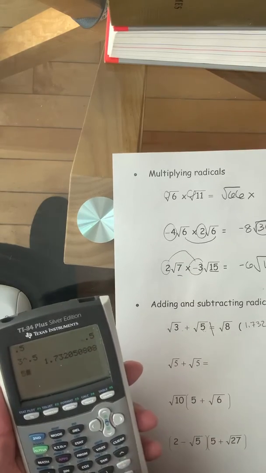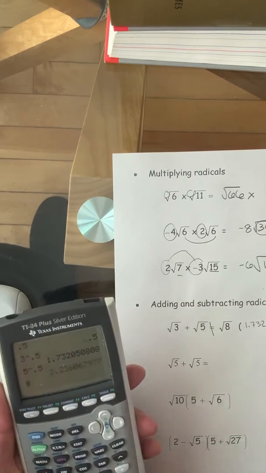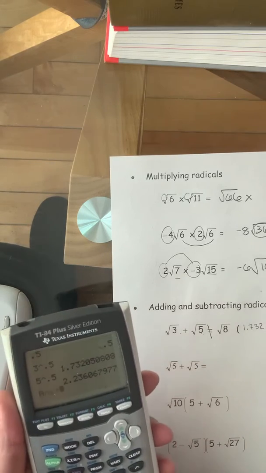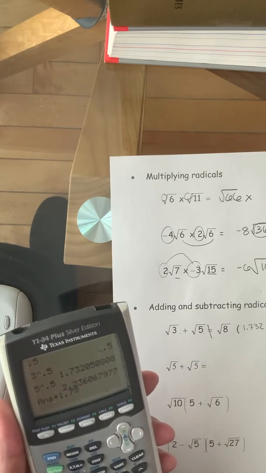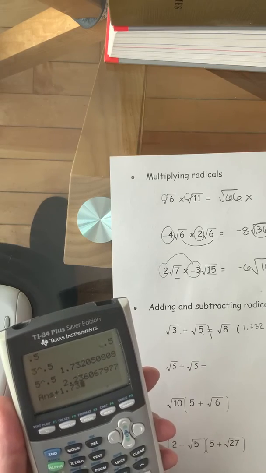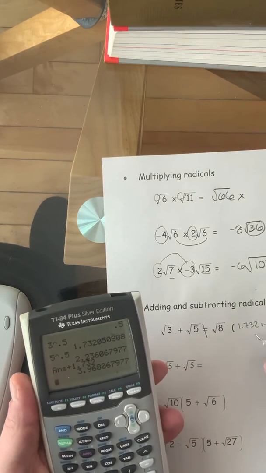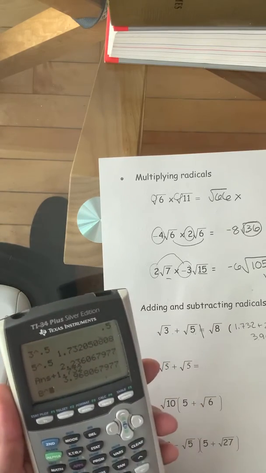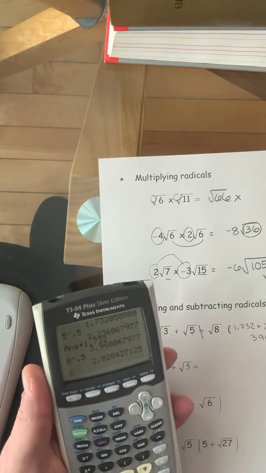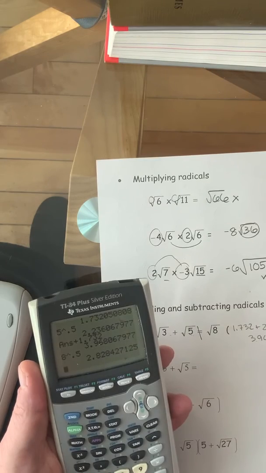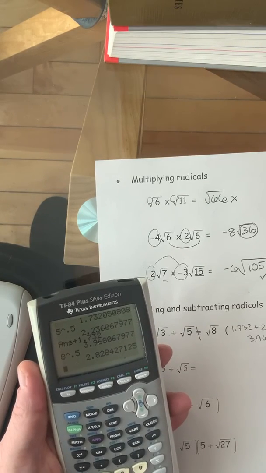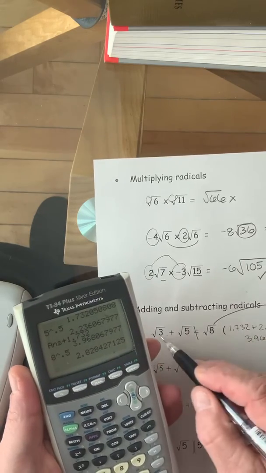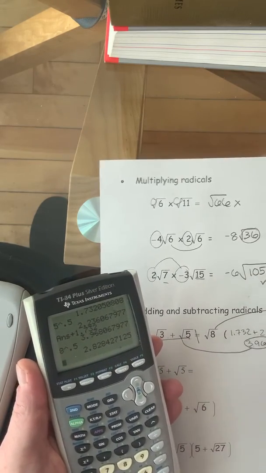Root 5, 2.23. If I add those together, I will get 3.968. Whereas root 8 is 2.83. This does not equal that.